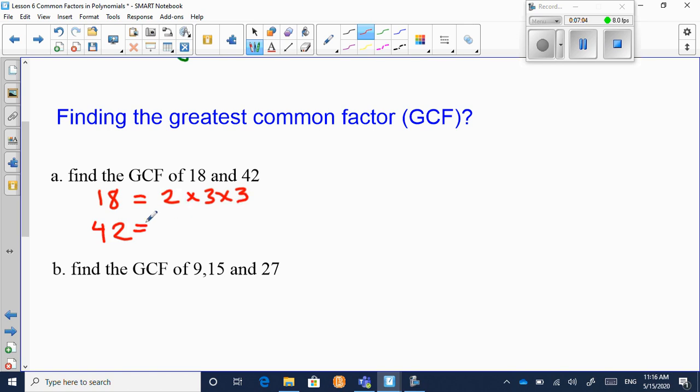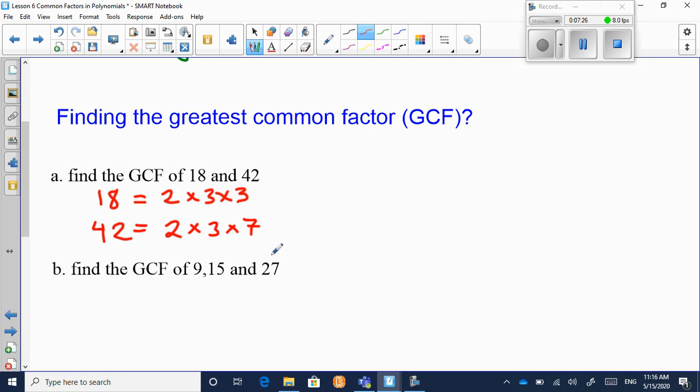When I know 42 is 2 times 21, but look, 21 can be written as 3 times 7. Again, just working your way through these numbers. So there you are. I've written them as a combination of factors that cannot be written in smaller terms.